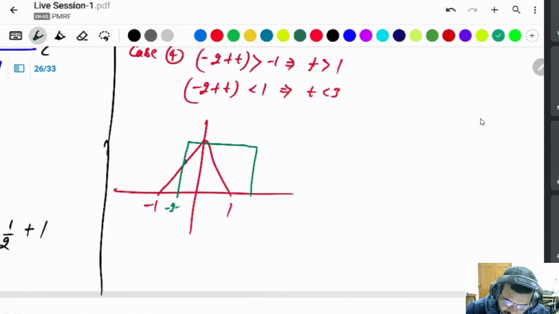minus 2 plus t to plus 1, and overlapping is only this.